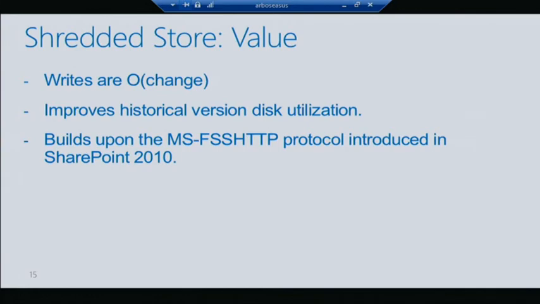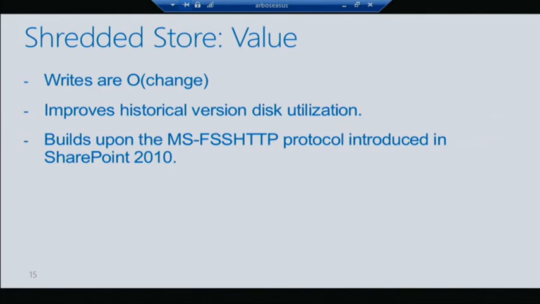The second kind of ancillary benefit that this gets us is if you have historical versioning enabled, like I have enabled on this particular presentation, it enables us to store historical versions as deltas of a base. And so it essentially helps us reduce the total amount of disk space taken up by historical versions stored on the server side.